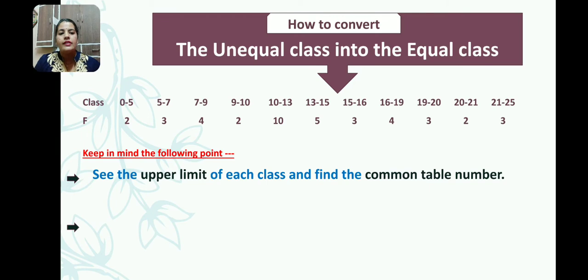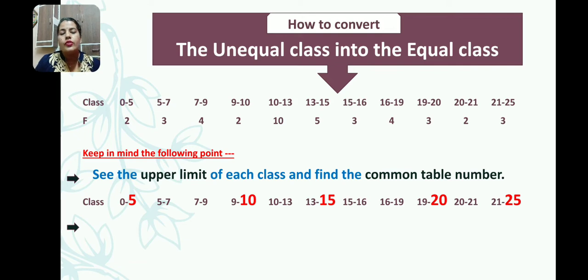How? As I told you, you have to take a common table number. You can see I have highlighted some numbers here, which are 5, 10, 15, 20 and 25, class wise. Now you know the table of 5: 5 ones are 5, 5 twos are 10, 5 threes are 15, 5 fours are 20 and 5 fives are 25.